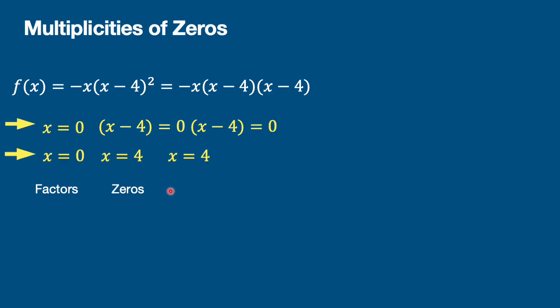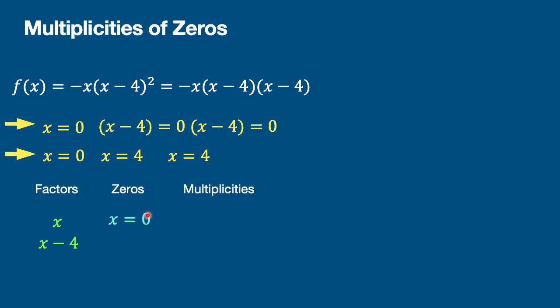I make a table for this: factor, zero, and multiplicity. What is multiplicity going to be? Let's start with the factor. X is a factor. Another one, x minus 4, is a factor.